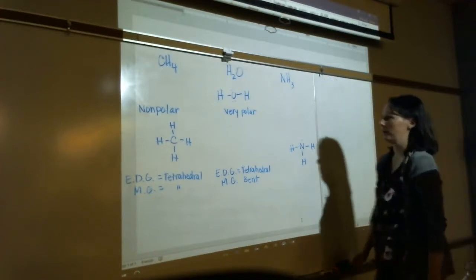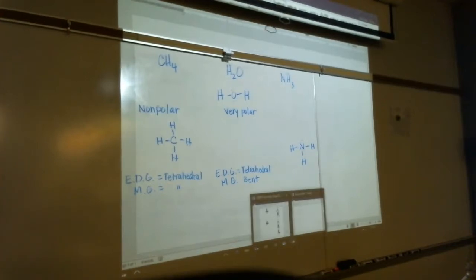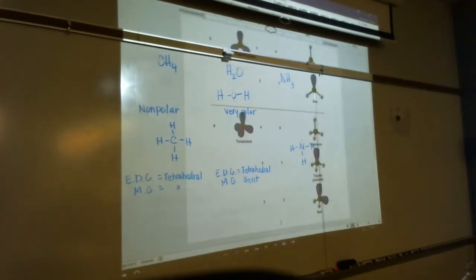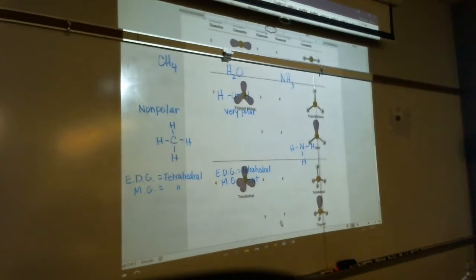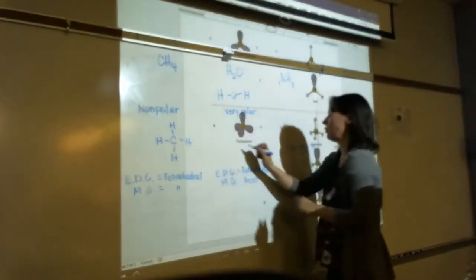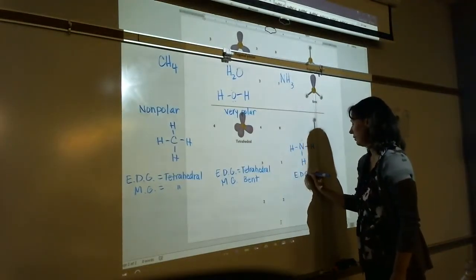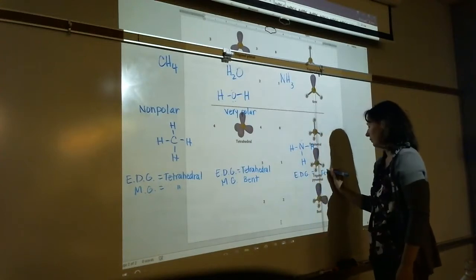Now let's pull our chart back out. How many domains does this molecule have? 4, good. So the tetrahedral is the electron domain geometry. E.D.G., tetrahedral.